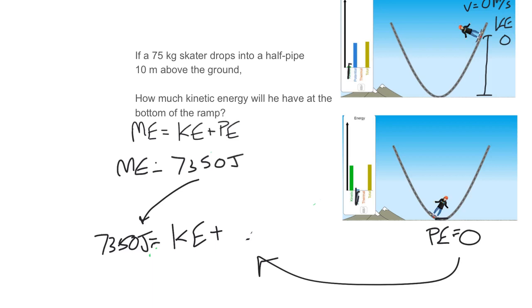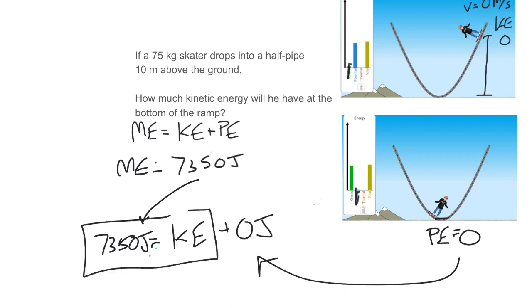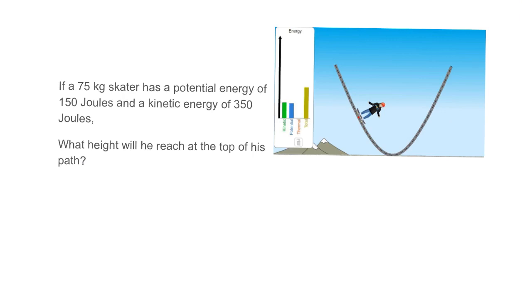And so I can get rid of this because that is 0 joules. And I know that my kinetic energy is going to equal whatever my potential energy was at the top because all of that energy is going to be conserved. So at the bottom, I will have 7,350 joules of kinetic energy. So now we have a little different problem here.